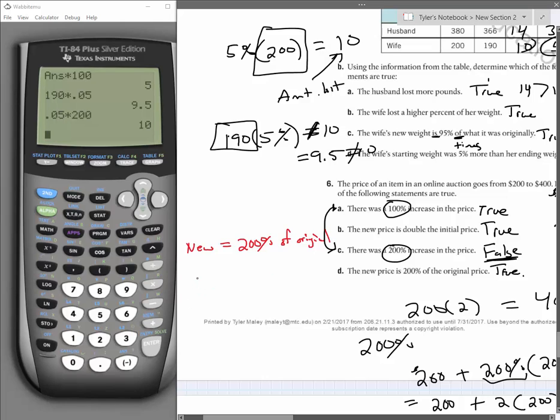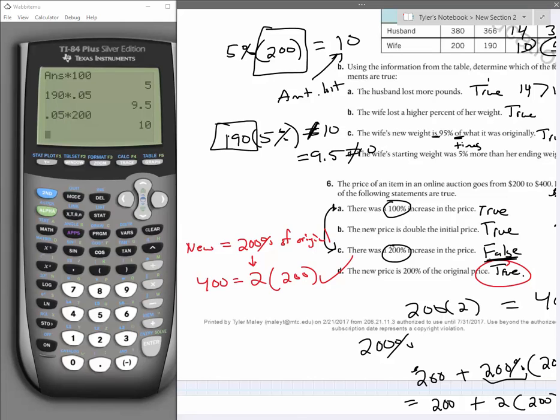Well, the new was 400. 200% I can write as the number 2, just putting that in decimal form, of means times, and the original was $200. So this is in fact true, which makes that statement true. I just took that sentence, broke it out as an equation, and verified that it's in fact true.